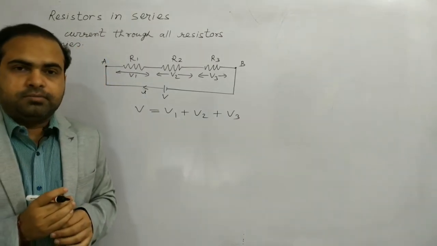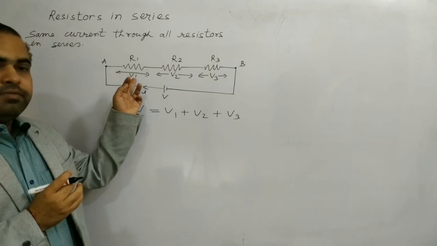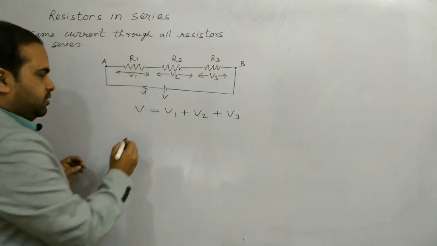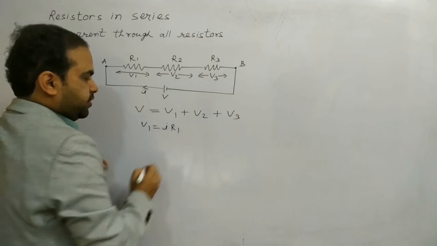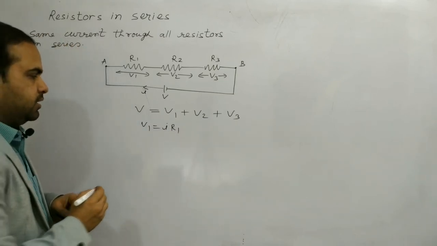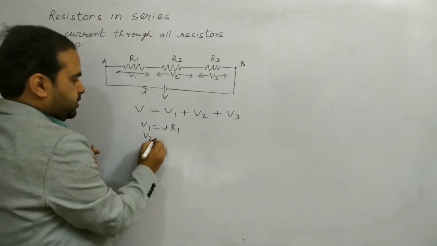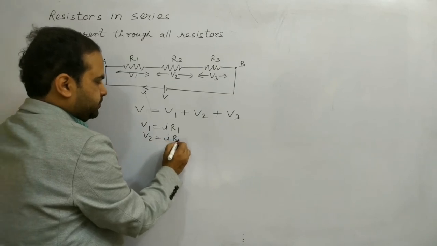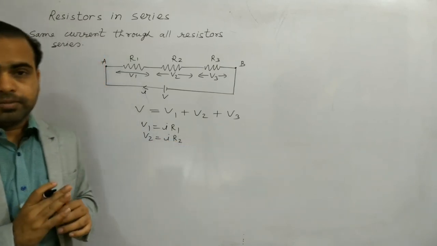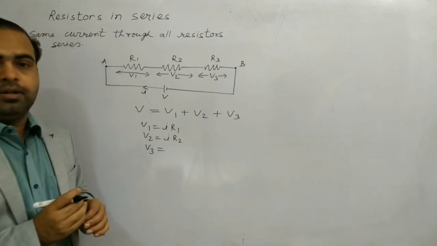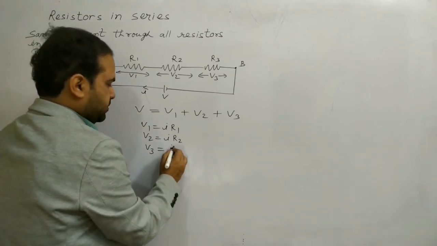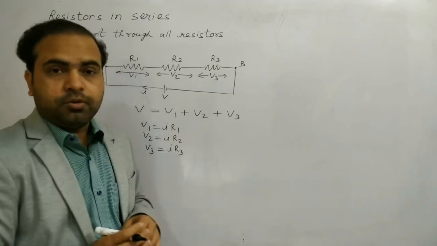From Ohm's law, V1 will be IR1. V1 equals IR1 from Ohm's law. Similarly, V2 equals IR2 again from Ohm's law. And similarly, V3 will be IR3 from Ohm's law.